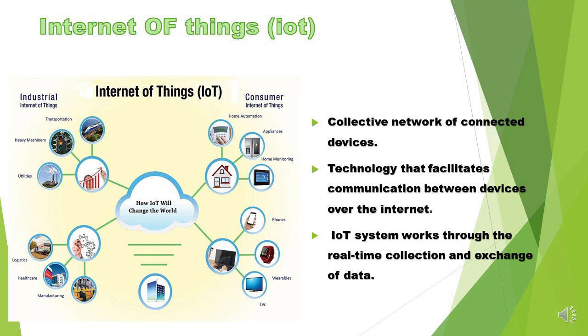In this slide, we can see how the Internet of Things is used in various fields and domains. For example, in this figure, IoT is used in logistics, healthcare, manufacturing, TVs, mobile phones, home monitoring, home appliances, and home automation systems, and it is also used in heavy machinery and transportation.